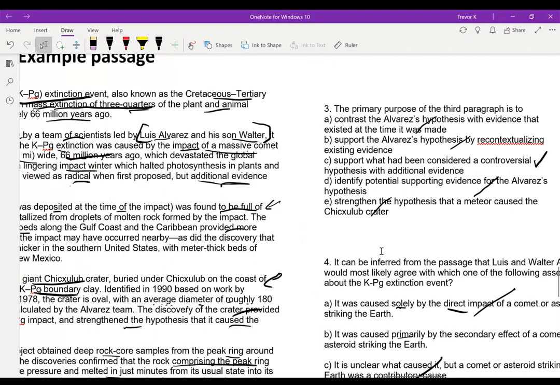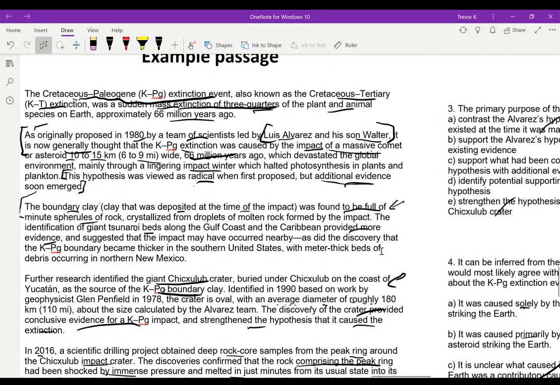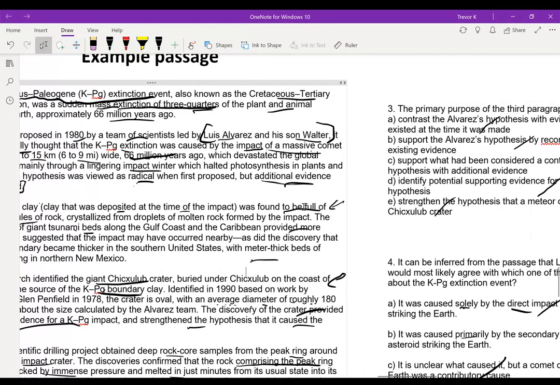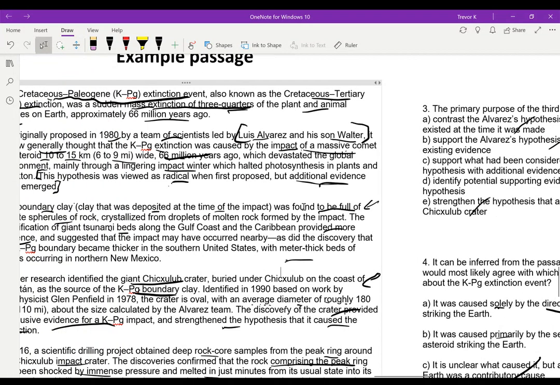Did we see something about that? Let's see. Here we go. The KPG boundary became thicker in the southern United States, meter-thick beds of debris occurring in northern New Mexico. I mean, meter thick is thick, but I don't know if it's the thickest. It just sounds like it's thicker.